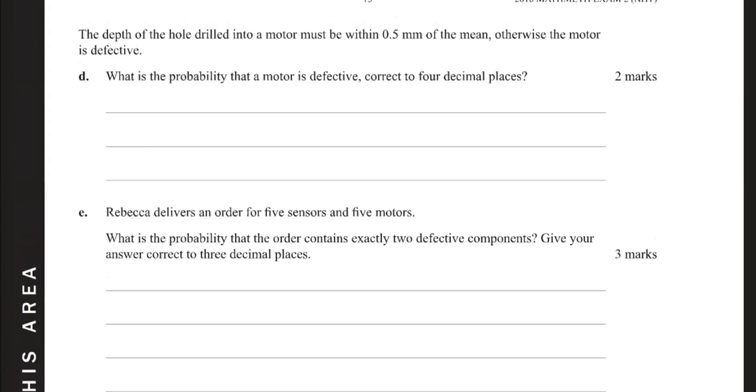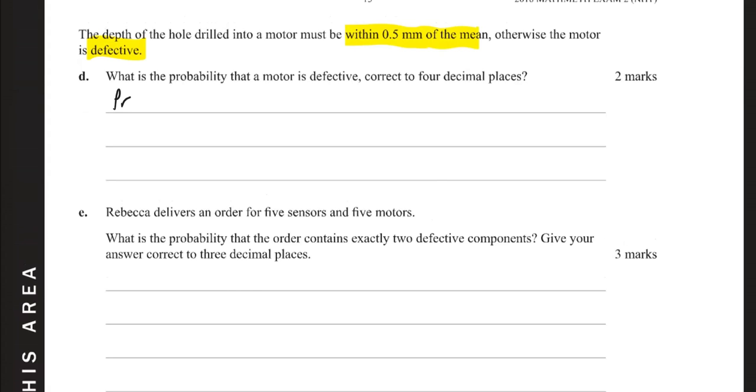Part D. Now we have to see that the depth has to be within 0.5 millimeters of the mean, otherwise the motor is defective. So now they want us to find the probability that a motor is going to be defective, and valid values that are 0.5 millimeters away from the mean are in between 19.5 and 20.5.